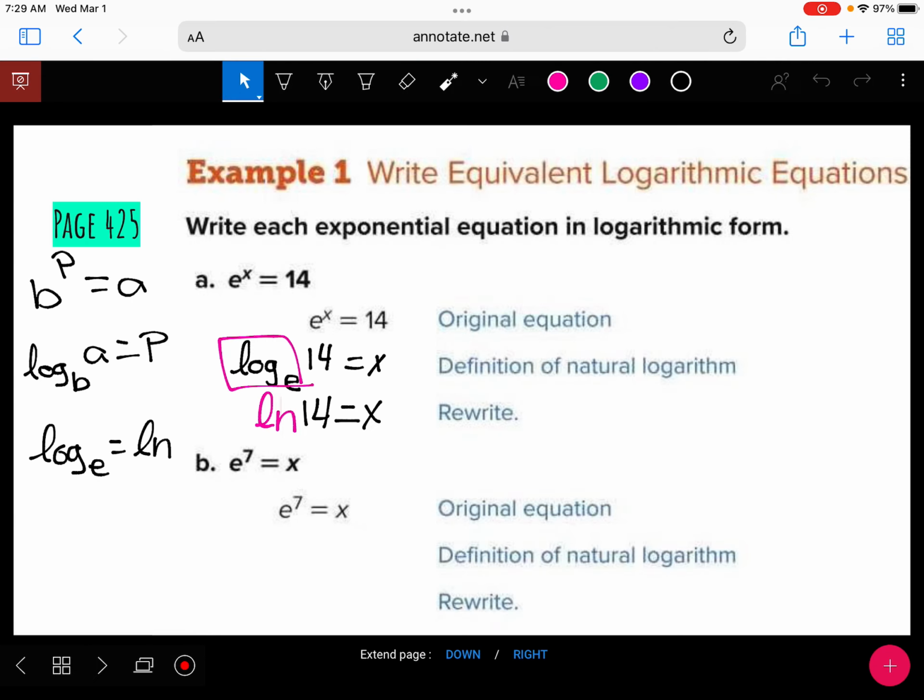What is ln of 14? 2.64, because I got 2.639057333.